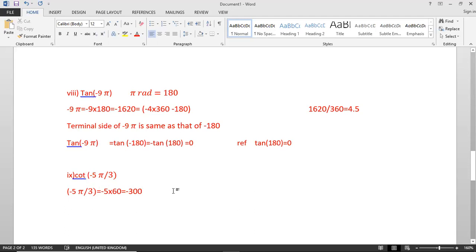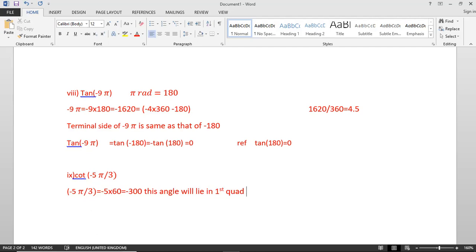Minus 300 will lie in the first quadrant, because minus 300 is in the clockwise direction.